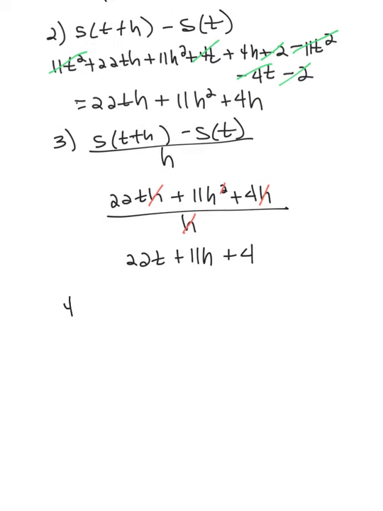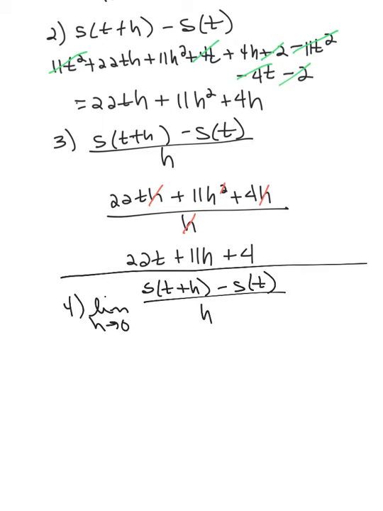Step 4 says to do the limit as h approaches 0 of all the stuff that we just did in step 3. So we are just going to do the limit as h approaches 0 of that answer that we got, 22t plus 11h plus 4. This is polynomial in form, so we are going to put 0 in for h and stop writing limit.